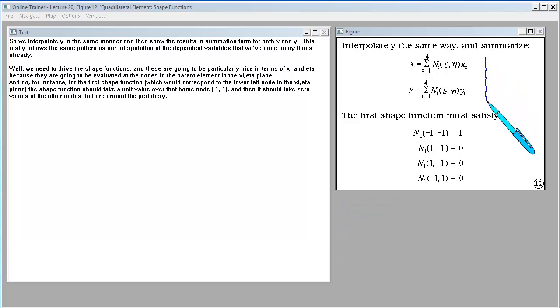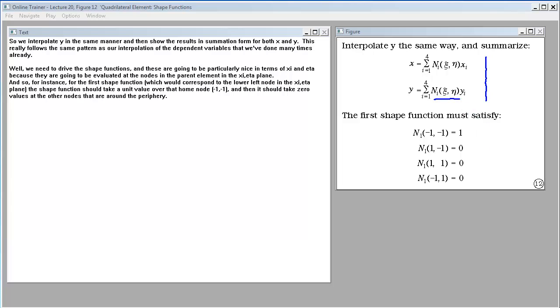This really follows the same pattern as our interpolation of the dependent variables that we've done many times already. Well, we need to derive the shape functions, and these are going to be particularly nice in terms of xi and eta because they're going to be evaluated at the nodes in the parent element in the xi eta plane.